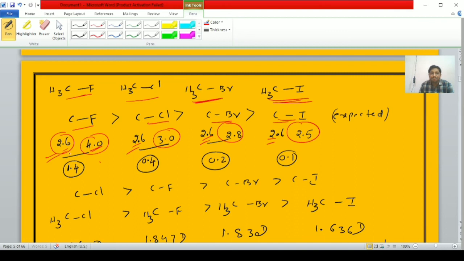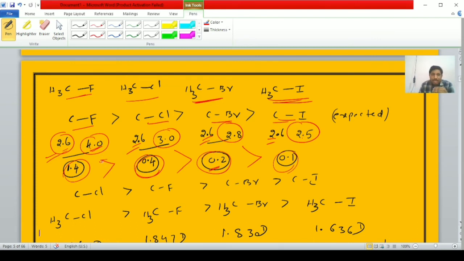Electronegativity difference means the difference between the electronegativity values of the highest electronegative element and the lowest electronegative element. 4.0 minus 2.6, 1.4. 3.0 minus 2.6, 0.4. 2.8 minus 2.6, 0.2. 2.6 minus 2.5, that is 0.1. Here the difference is more, student, in the case of the carbon fluorine bond.